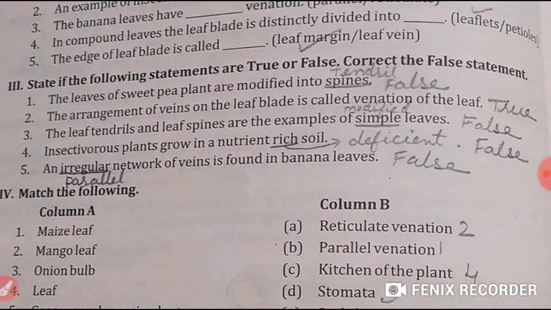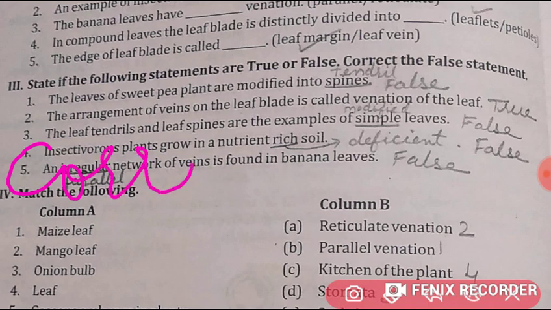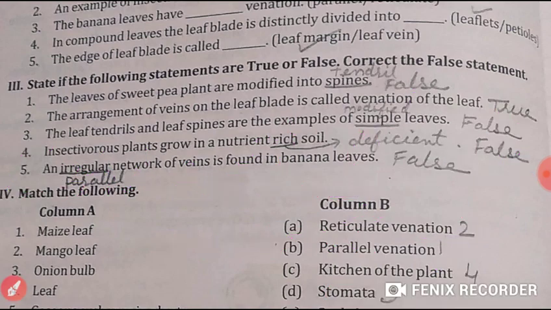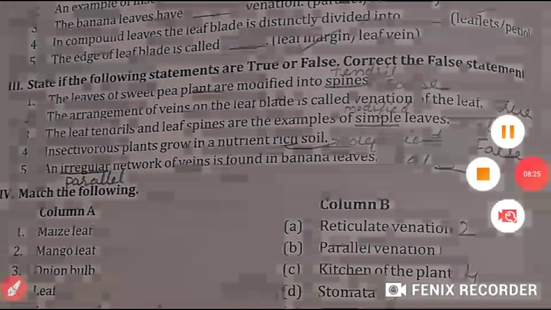If it is false, then write there false. And on the second line, you have to write the words correct statement. S-T-A-T-E-M-E-N-T. Statement. Make an arrow there and then write the correct sentence. I will tell you how you will do this.